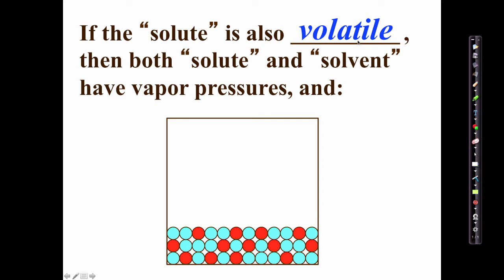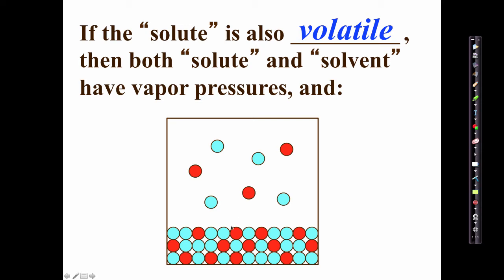Well, then both the solute and the solvent have vapor pressures because both are able to form gas. And so we have a vapor pressure due to one of the substances, let's call it the solute, but it now exerts a vapor pressure, so the blue molecules. And the other substance, let's call it the solvent, also exerts a vapor pressure, the red molecules.